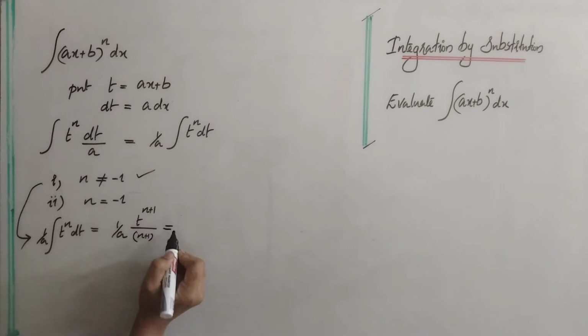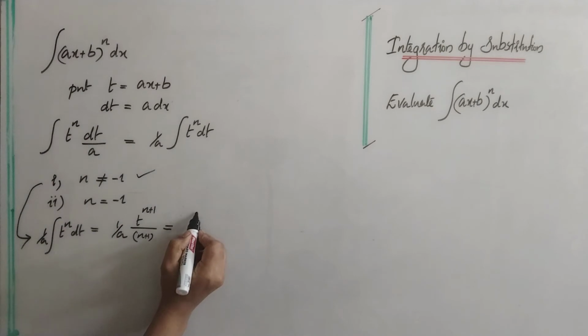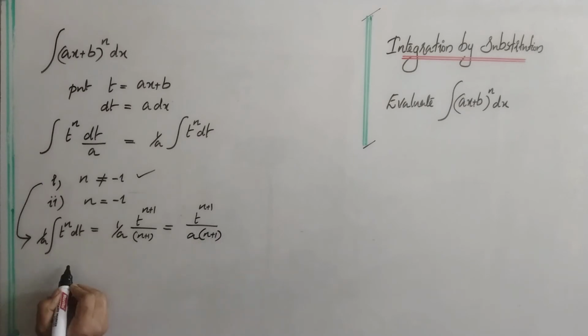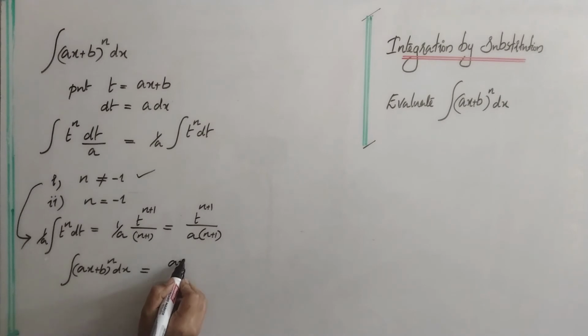So this is equal to t raised to n plus 1 divided by a into n plus 1. Or integral (ax plus b) the whole raised to n into dx is equal to what? t is ax plus b.